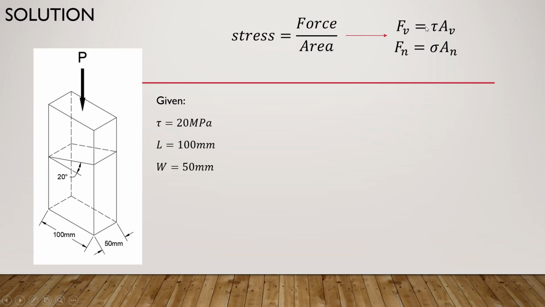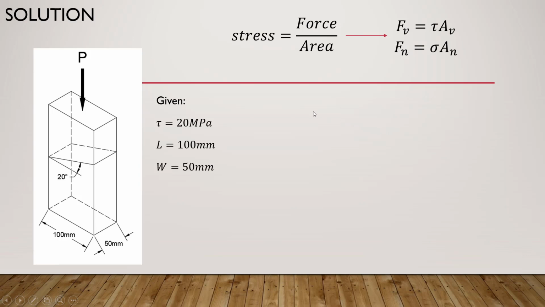Shear stress is affected by the shear force Fv and the area parallel to the force. While normal stress, which is compression, is affected by the compression force Fn and the area An perpendicular to the force Fn.